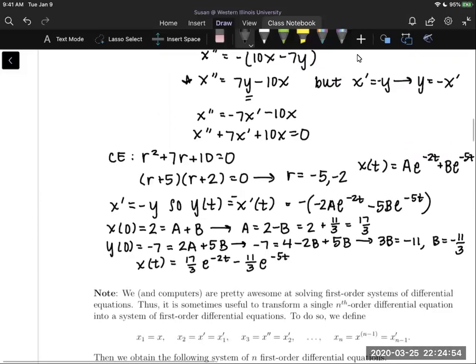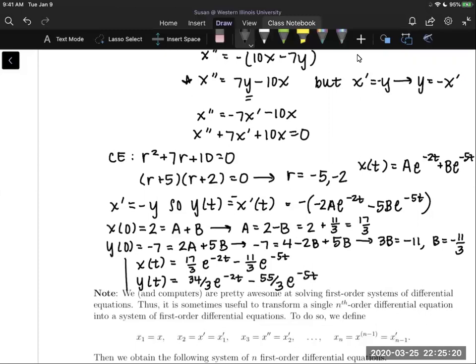And then similarly, y of t will be, I want 2 times a, so that's going to give me 34 over 3 e to the negative 2t. And then I want 5 times b, so minus 55 thirds e to the negative 5t.